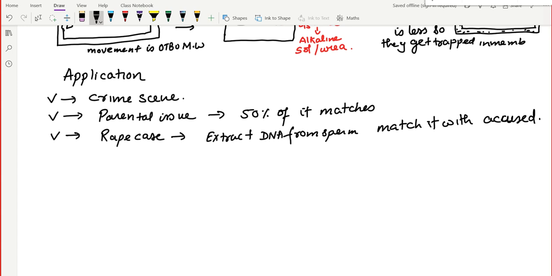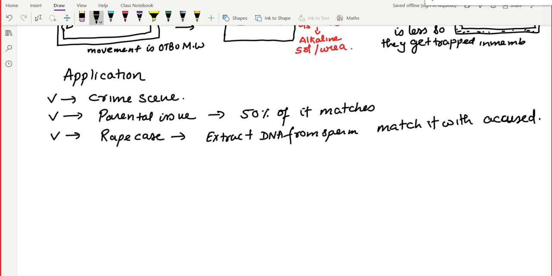If it matches, then we will say this accused person is the culprit and will be sentenced. If it doesn't match, it means that person has nothing to do with it and the allegation is false. Clear, Babu? So these are your applications.